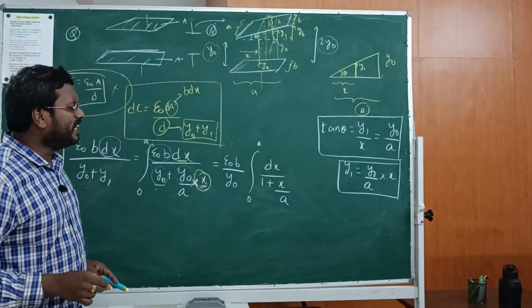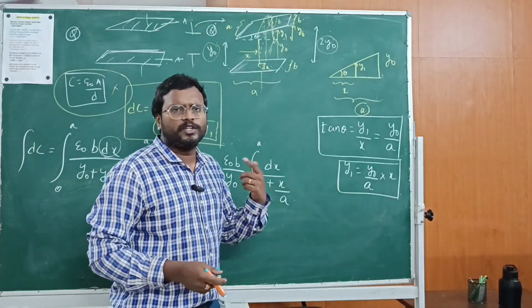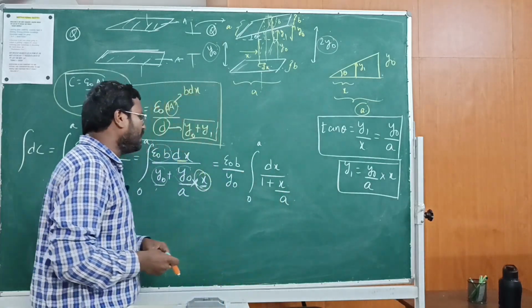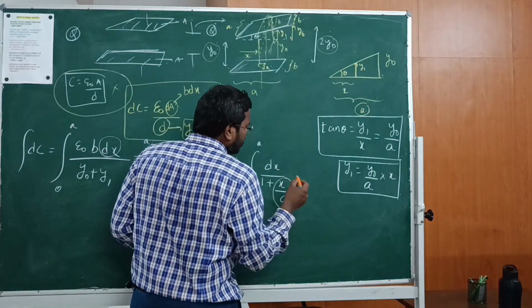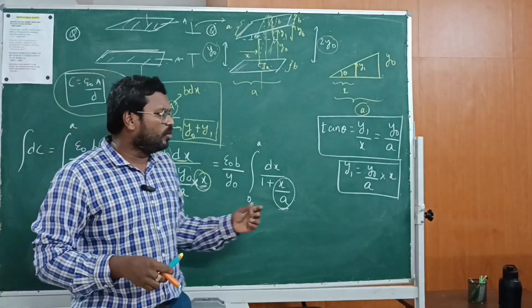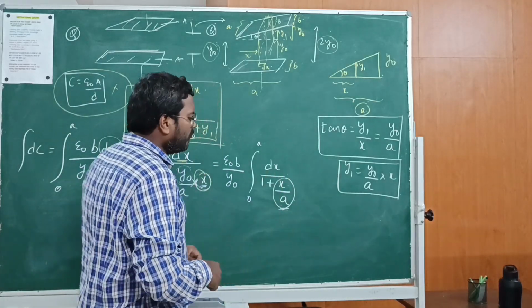Now what is the integral of dx by 1 plus x? Integral of dx by x, we know, is ln x. So we take the same thing, but here there is 1 by a. By the chain rule, in differentiation we multiply, but in integration we divide by that.